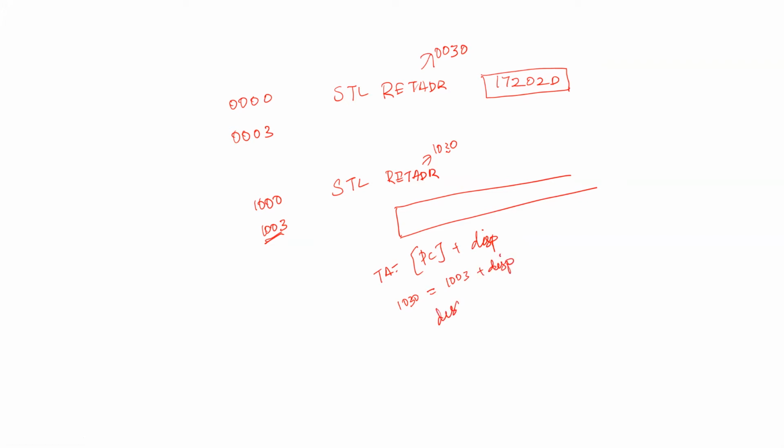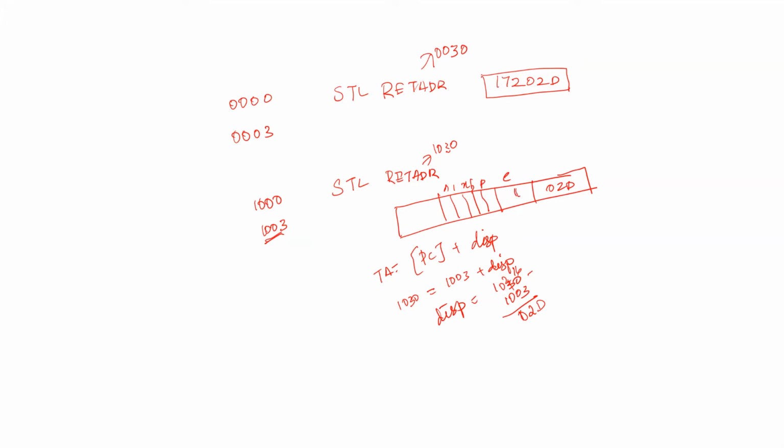So what is displacement? 1030 minus 1003. Yes, 3 becomes 2 and 16 minus 3 is 13. 13 is D. So 2D, that is 02D is specified here, and the flag bits NIXBPE.